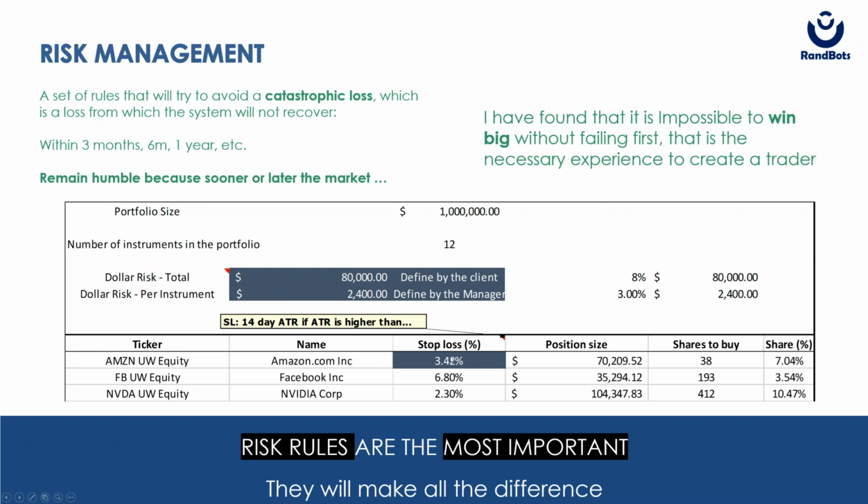And then I have a dynamic stop loss based on the volatility or ATR on the strategy. I'll show you this later in Excel. So here with this Excel, for example, we went in. This is all tech: Amazon, Facebook, and Nvidia, and these are the position sizes in dollars, and this is the amount of shares needed, right?